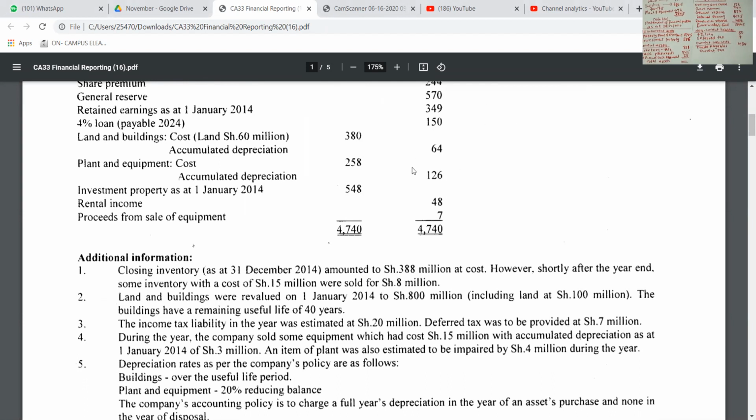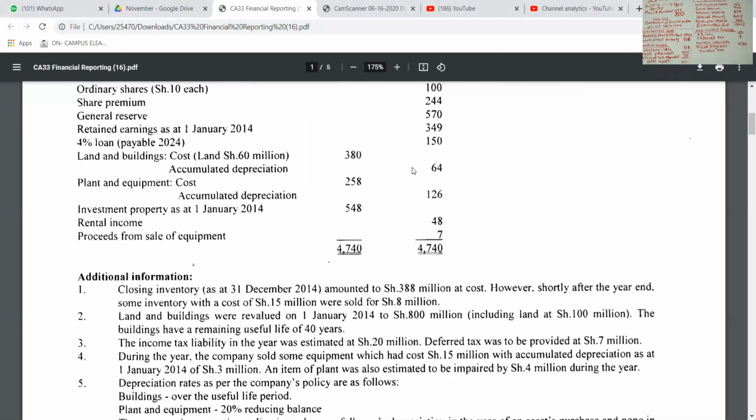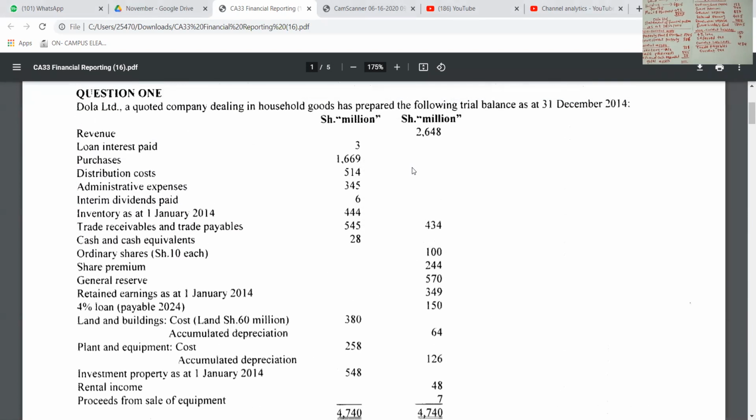Then the last current liability is accrued interest. What you can see here, the interest on the 4% loan, we got which figure? 6. But the second item here says the loan interest paid is 3.